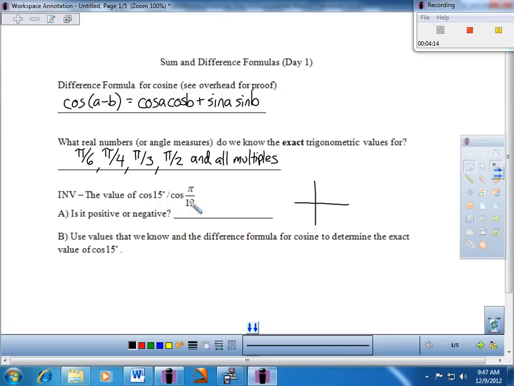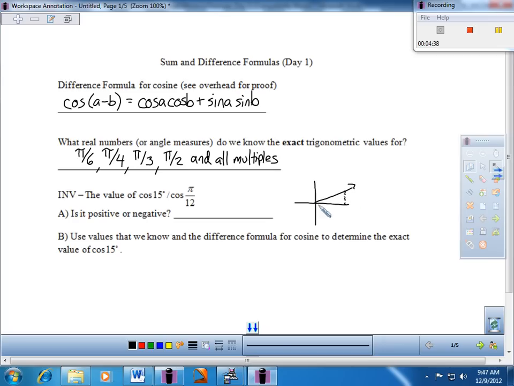So I'm going to go ahead and sketch that out here. 15 degrees would look something like that. Again, that would be pi over 12. And remember, of course, old news, but we know that every angle has 6 ratios to it, and those 6 ratios are based on the 3 components, x and y and r.